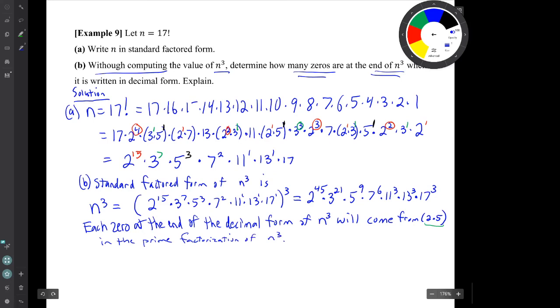Okay, well, the question is, how many of these things can we build from this prime factorization? Well, we have to think about how many 2s and 5s we have. We got a whole bunch of 2s. We got 45 2s, but we only have 9 factors of 5. So we can put this a different way.